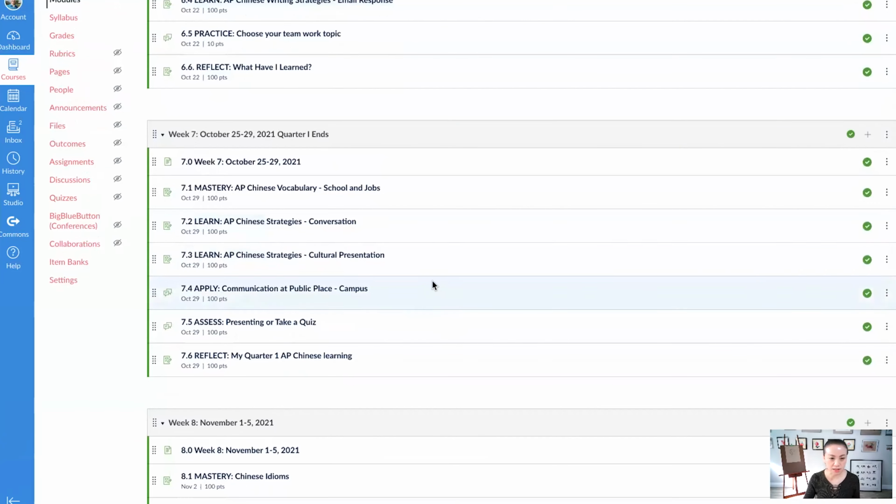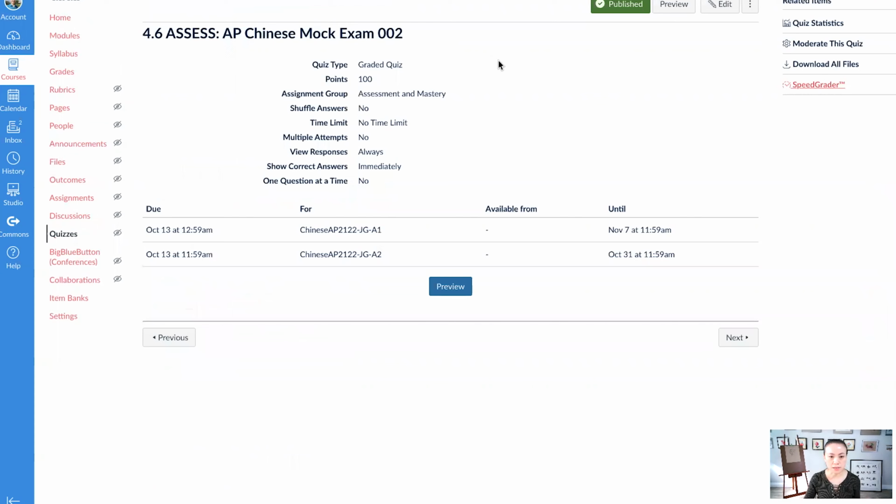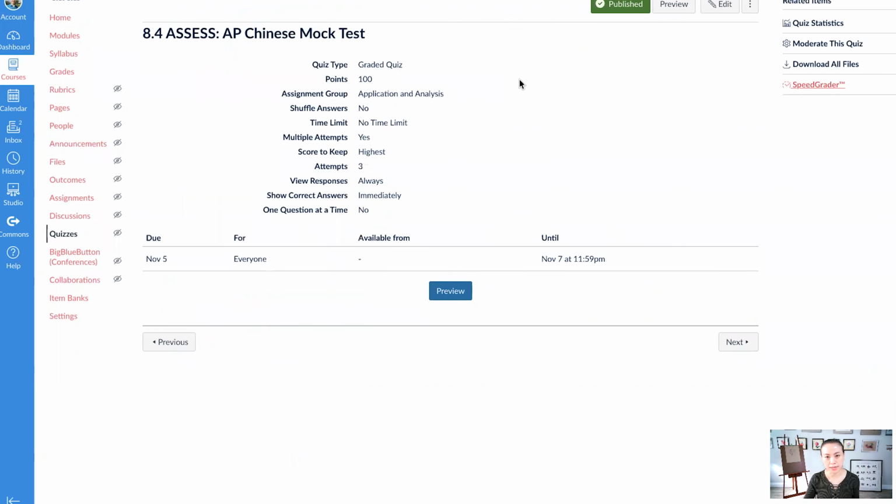In week 7, I had two lessons: one about the conversation, and another about the cultural presentation. During this time, we had the 4.6 mock exam, and in week 8, we had another mock exam. And this is the most recent AP Chinese mock test.